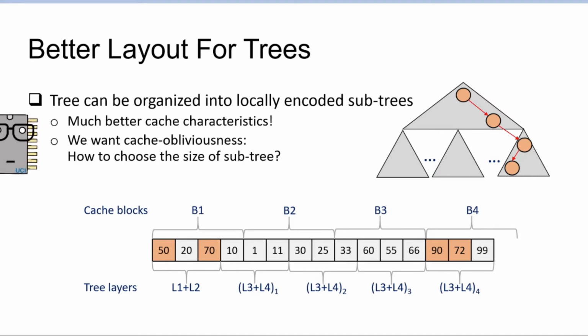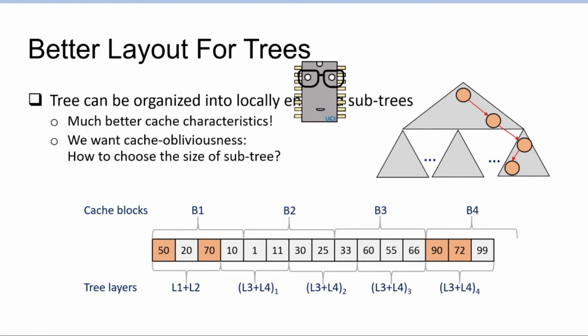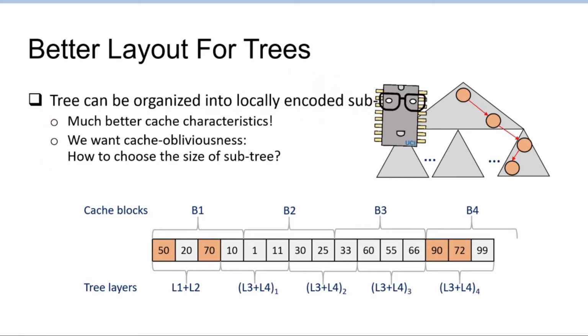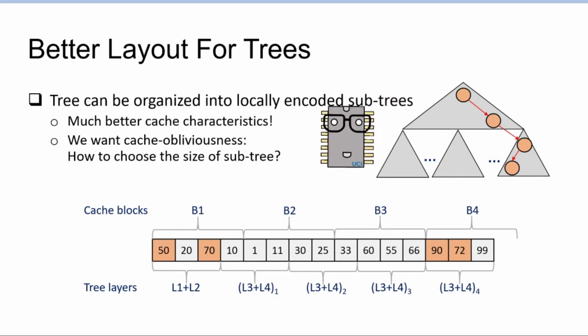For example, if we take the tree that we were looking at from the previous slide, depth of 4, height of 4, and then we break up the tree into subtrees of height 2. Here at the root node, we will have a subtree of height 2, 3 elements, because the root is just 1 element.